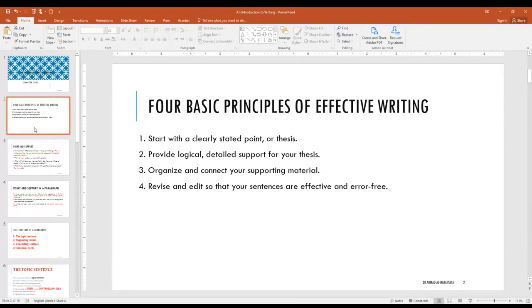So before talking about that, we have four basic principles of effective writing. We should start with a clearly stated point or thesis. When you select a topic, or a thesis, here meaning a topic, your topic should be clear for your readers.